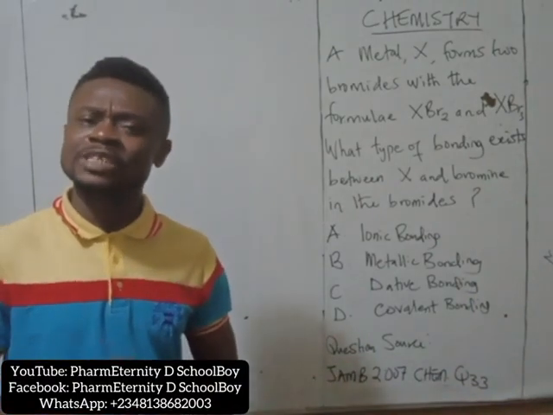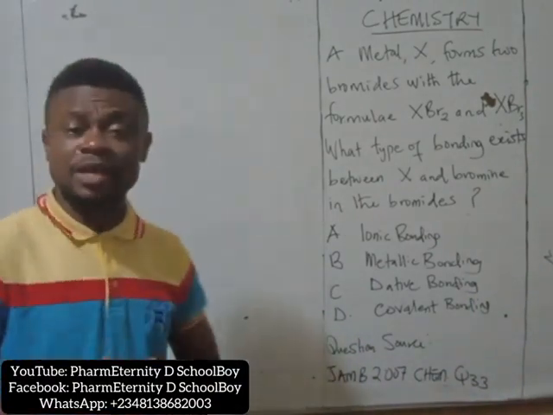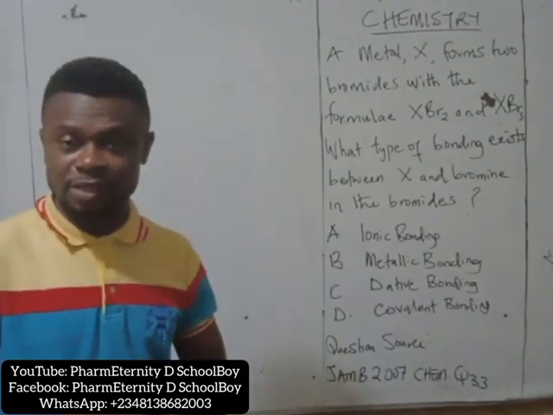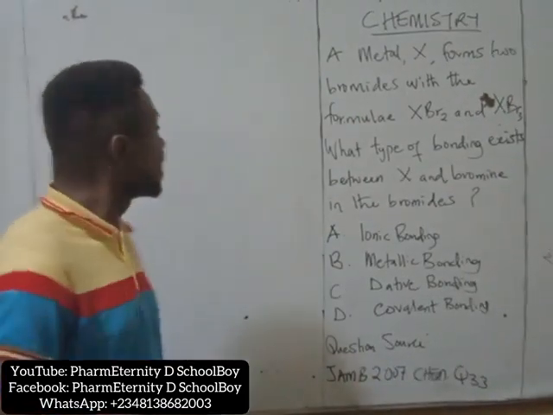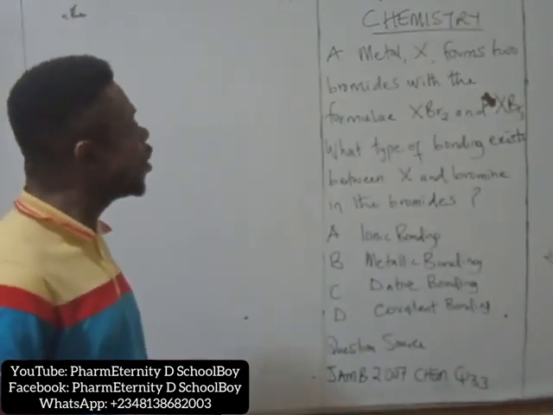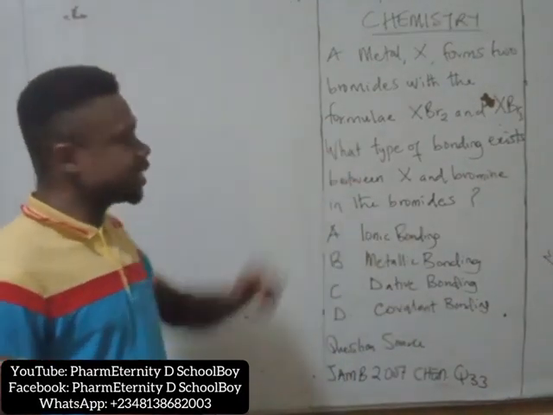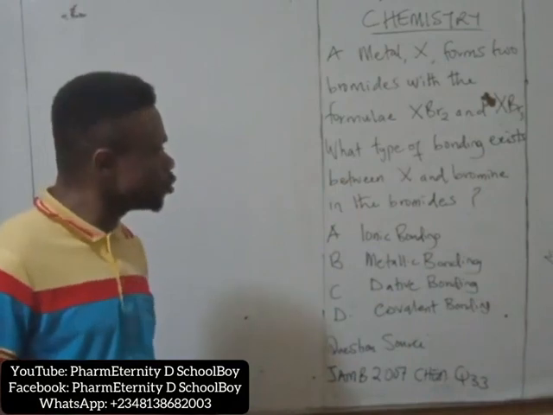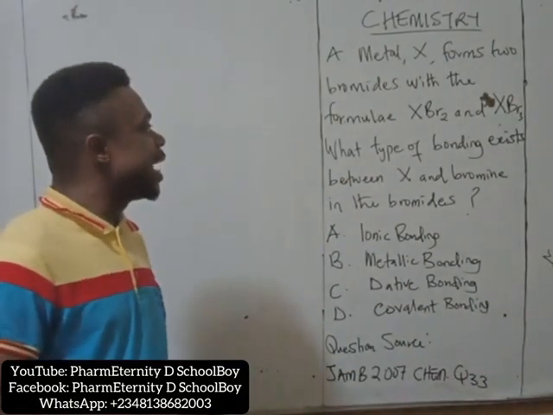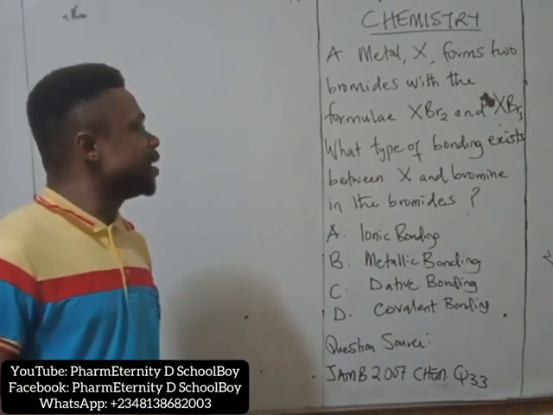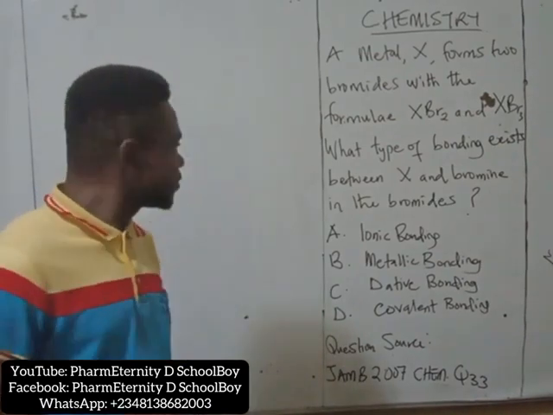Today we are going to take a look at chemistry, and we have a question on the board. The question says, a metal X forms two bromides with the formula XBr subscript 2 and XBr subscript 3.